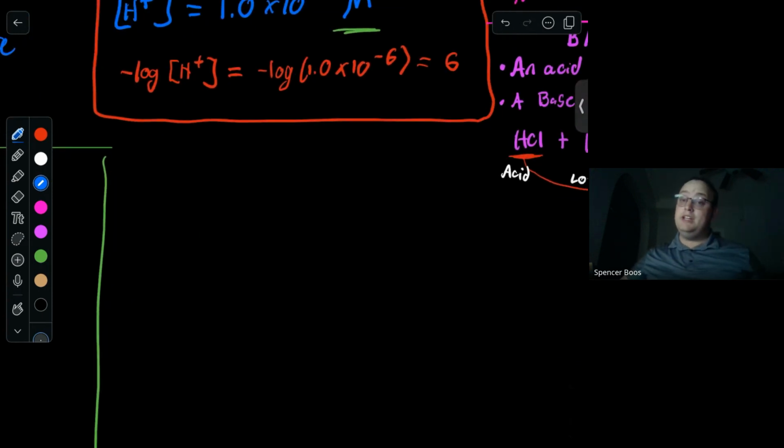Next up, we need to talk about reaction rates. Now, that's a big topic, but I'm going to try to break it down into a couple different areas that might be useful to know for everybody to be successful.